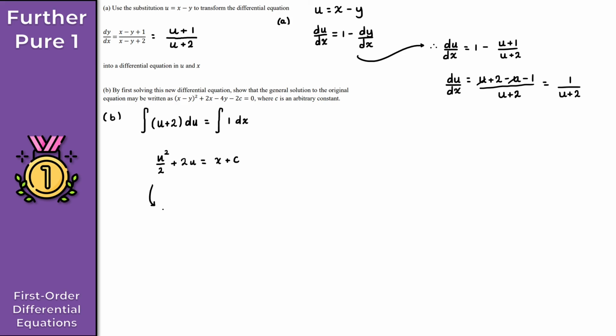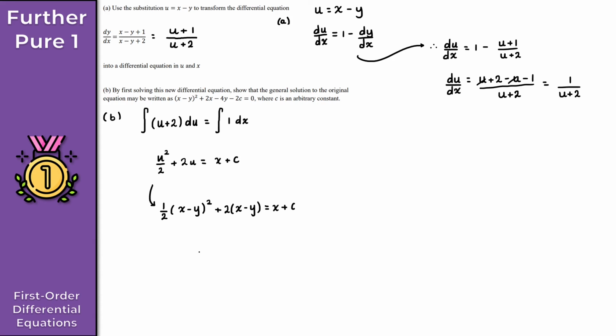So what I get here is a half of x minus y squared, like so, plus 2 lots of x minus y, is equal to x plus c.